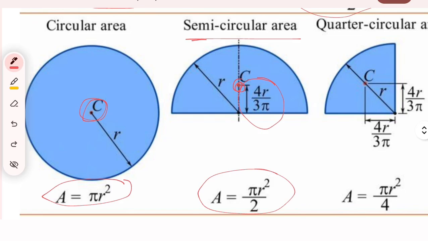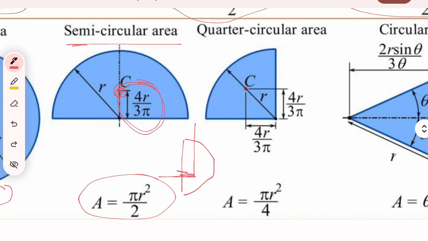If it's drawn like this, then this is 4r over 3 pi. Because if it is drawn differently, then 4r over 3 pi will rotate as well. So 4r over 3 pi would be this distance here. Just remember how it is oriented, okay?